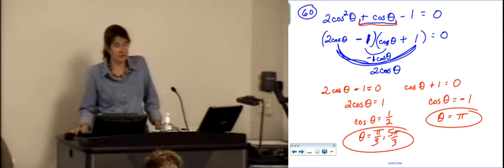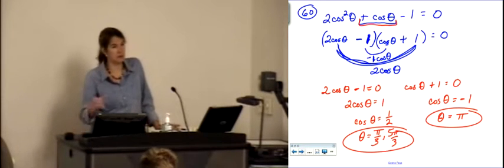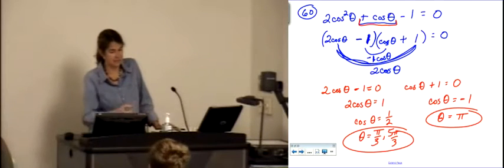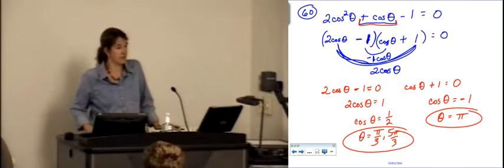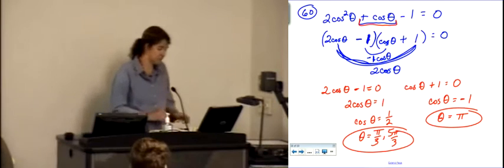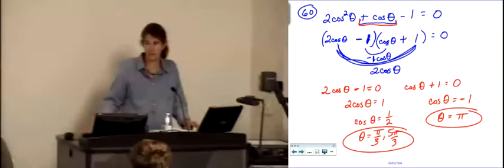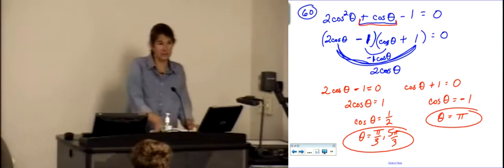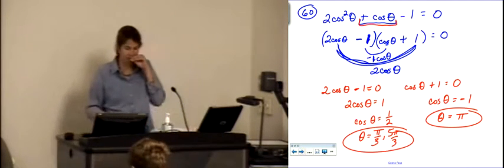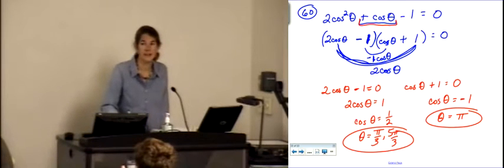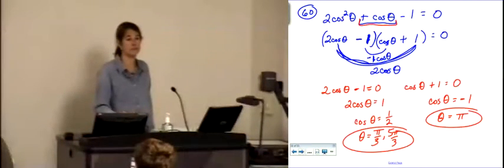So you're getting 2 separate things. You're going to have to remember to put back in the cosine of theta is equal to whatever those things are you get and still figure out theta. My experience has been that a lot of times students forget to put it back into terms of cosine theta, and so they'll leave just the answers they get there. But it would work. Anything else on this one?